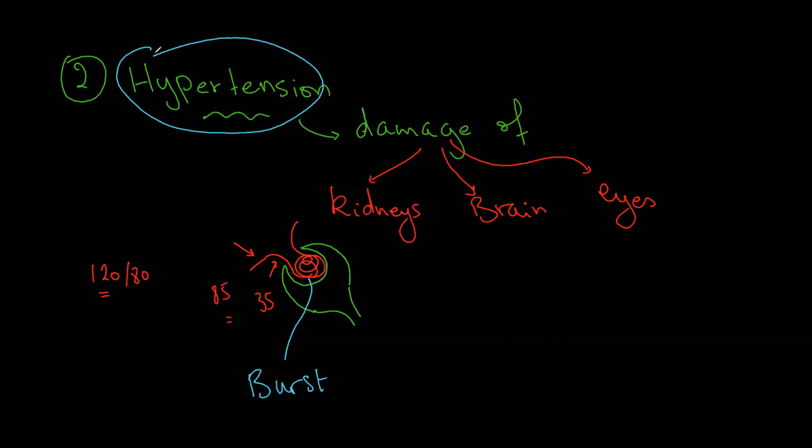And of course, even if the capillaries did not burst, this high blood pressure damages the tiny blood vessels that filter the blood of urea.